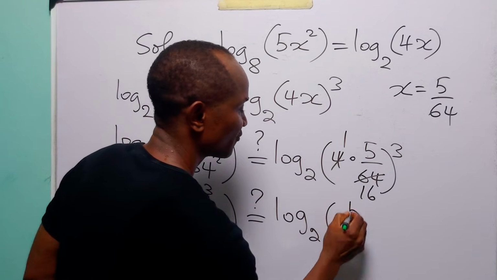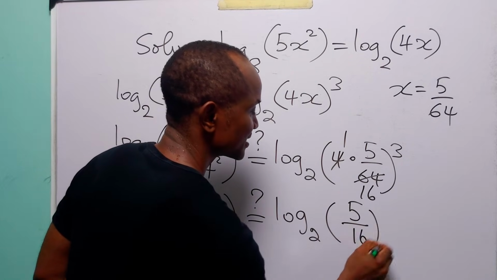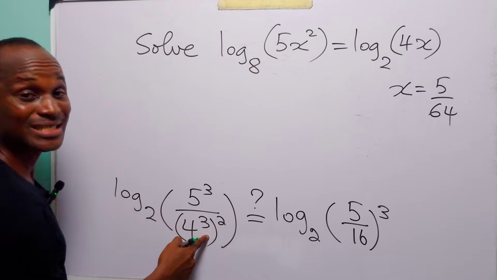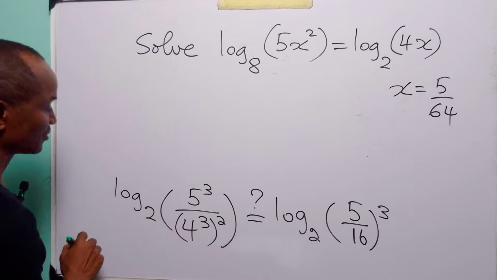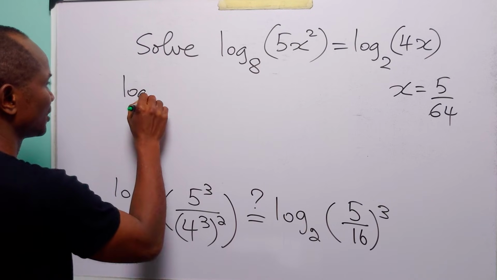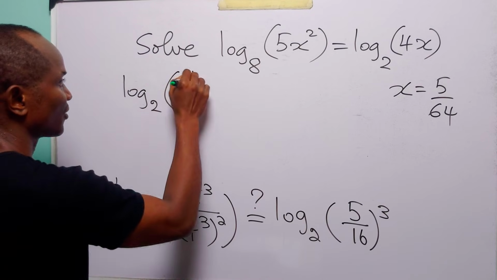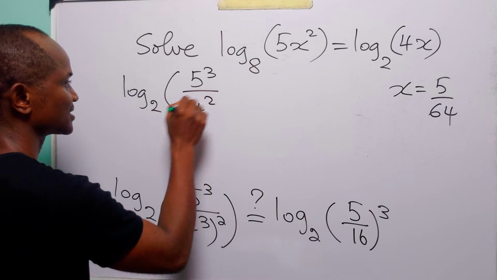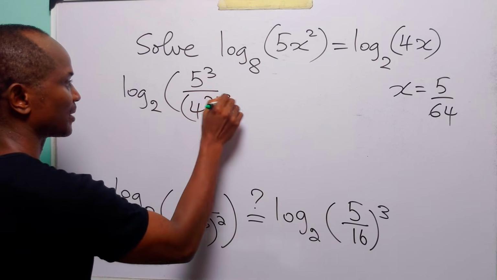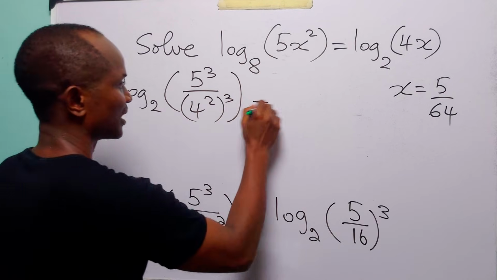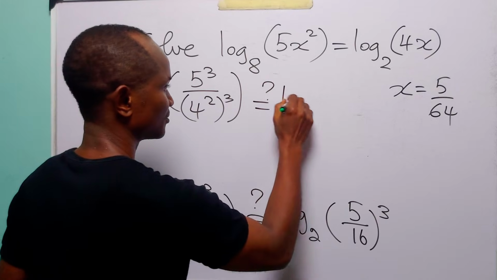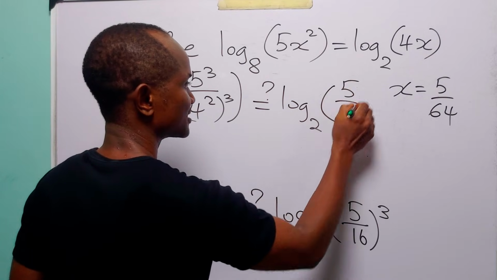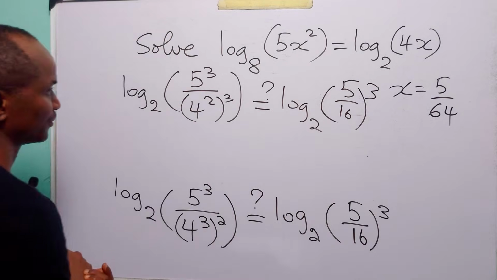So here we have 5 over 16 cubed. And of course, you know that we can switch these two powers. When we do that, here we have log to base 2 of 5 cubed over 4 squared to the power 3. Now, is this equal to log to base 2 of 5 over 16 cubed?